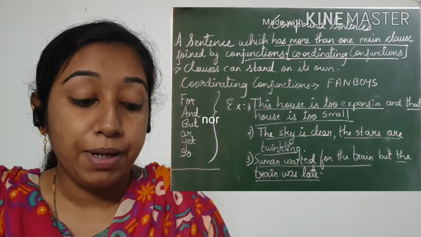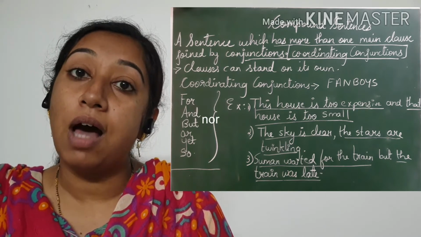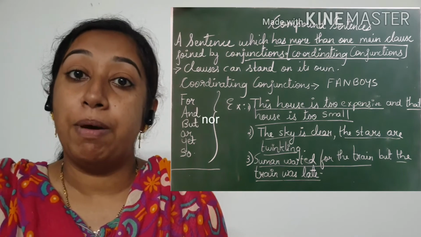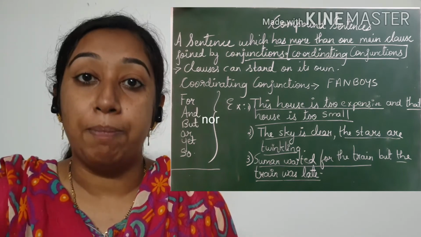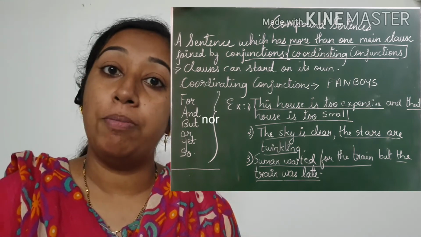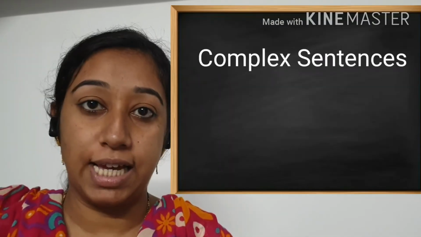The next example, the sky is clear, the stars are twinkling. So there are two independent clauses, remember, in this, and both can stand on their own. So compound sentences have more than one main clause joined by coordinating conjunctions. Easy to remember, fanboys.